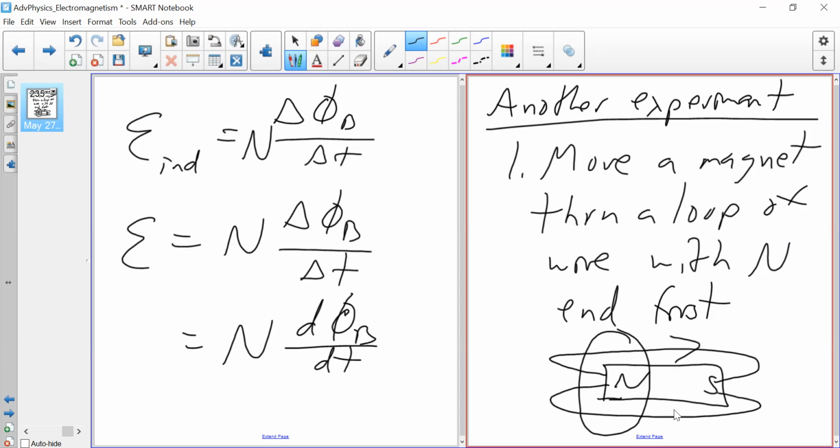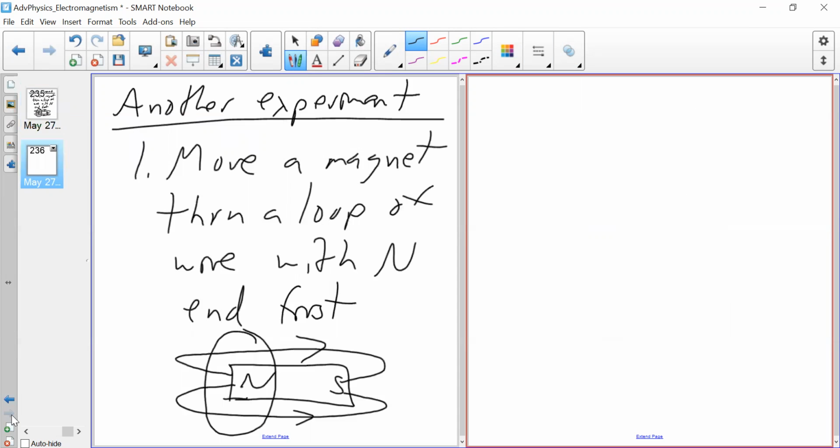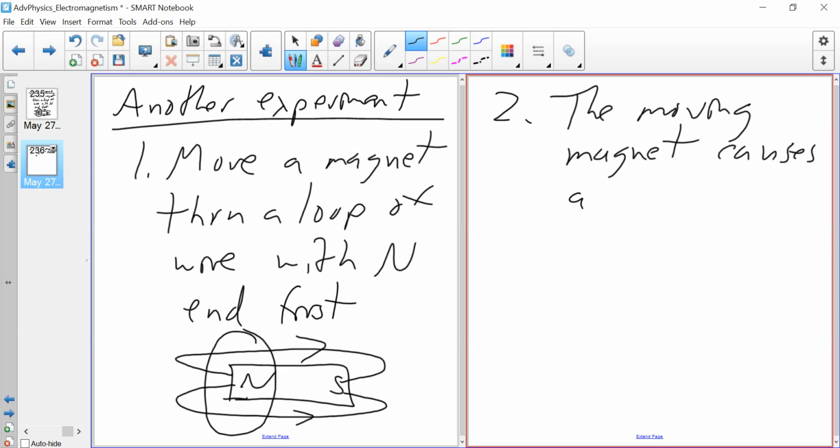Not the best picture, but you know, go. So these field lines are going through the wire, going all the way around. The moving magnet causes a current to be read in the ammeter.